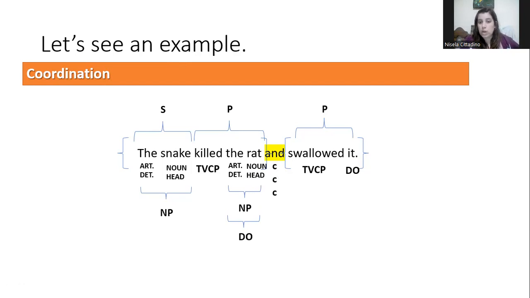Swallowed it: here we only have a predicate because there is no subject. Swallowed is a transitive verb of complete predication, and it is the direct object as well of this clause. So this is how I analyze a compound sentence with a cumulative coordinating conjunction.